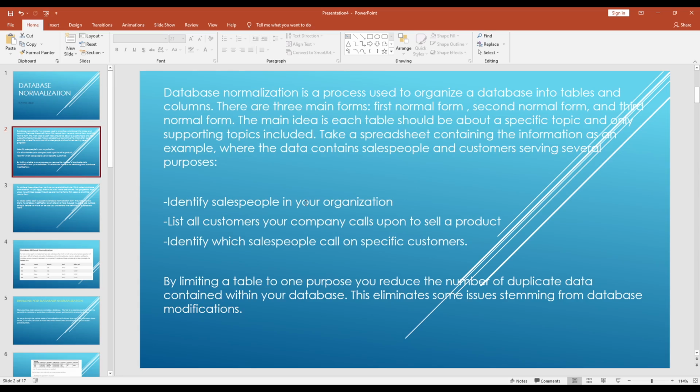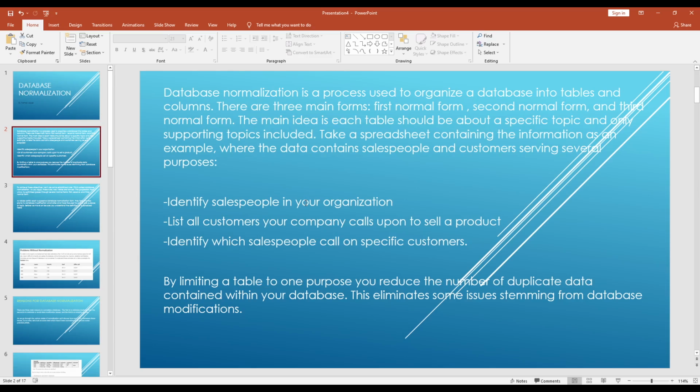Database normalization is a process used to organize a database into tables and columns. There are three main forms: first normal form, second normal form, and third normal form. The main idea is each table should be about a specific topic and only supporting topics included.